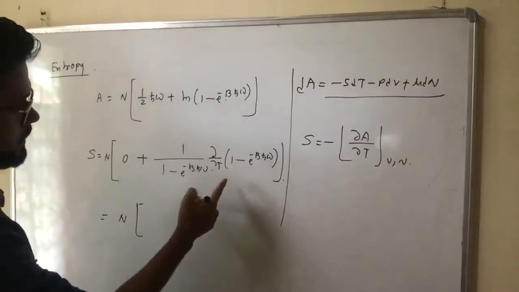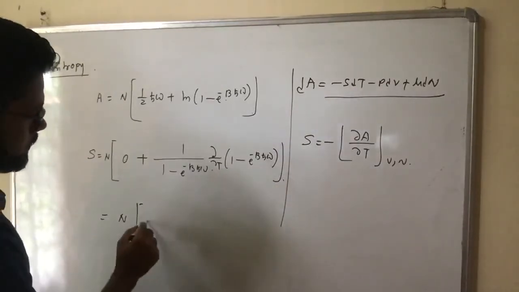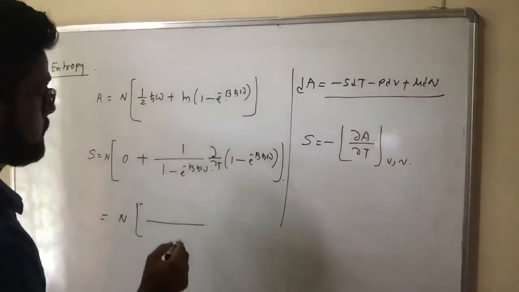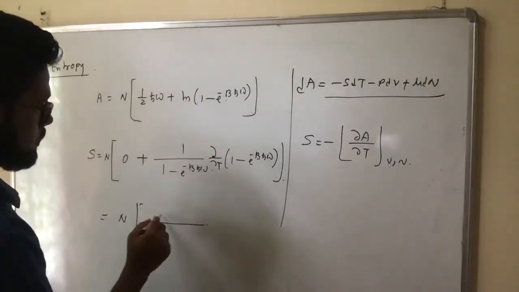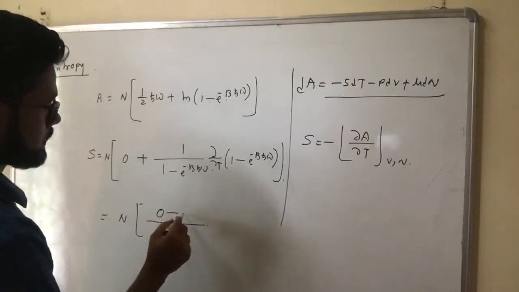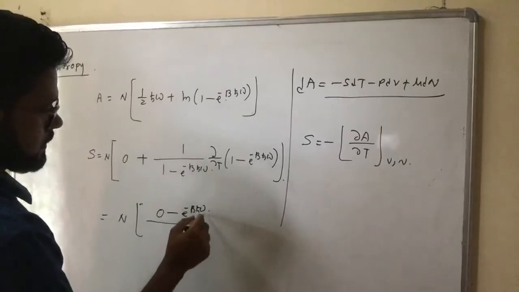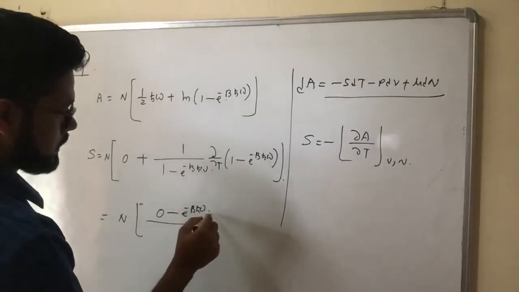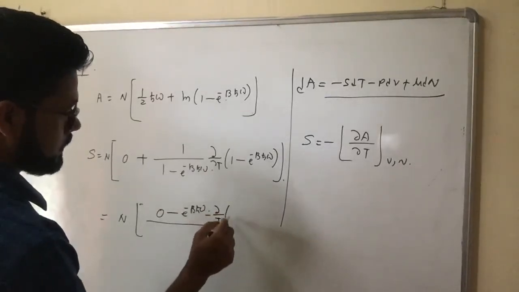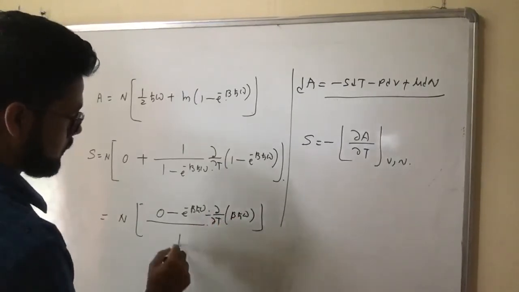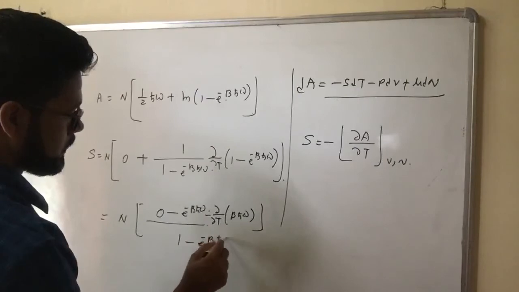The next term is minus e to the power minus beta h cos omega, and there is a minus, d by dT of beta h cos omega, over 1 minus e to the power minus beta h cos omega. Clear?